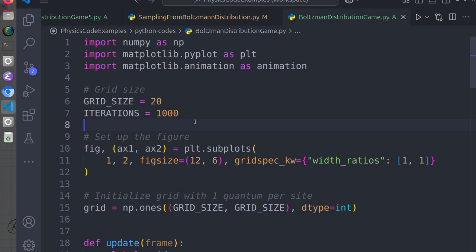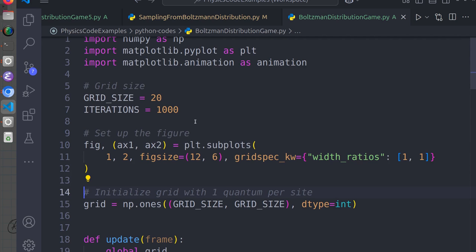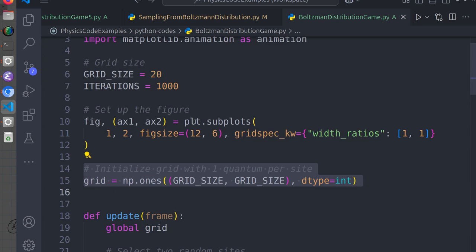and the number of iterations for making updates, I've chosen it to be 1000. So this part from line 9 to 12 is setting the figure. Okay, line 14, 15 is for initializing. So the initial state, we're just going to have ones inside the 2-dimensional grid, 20 by 20 grid.